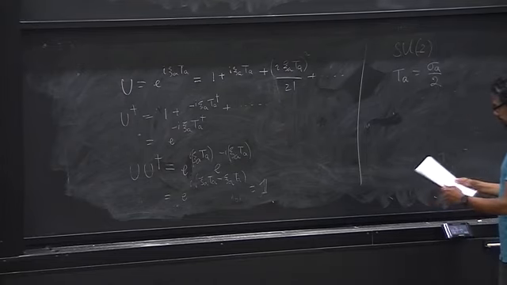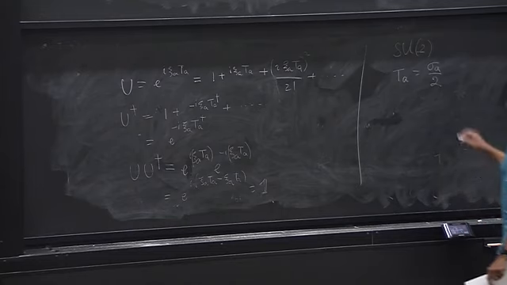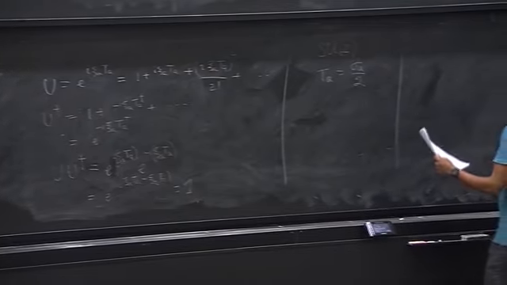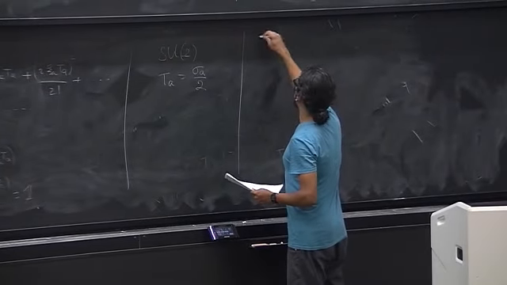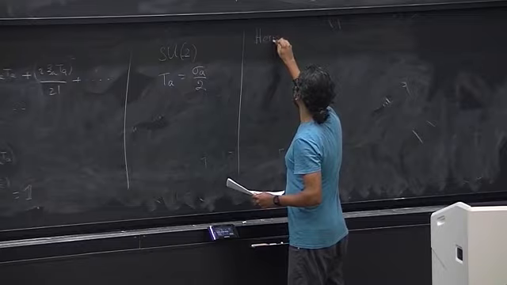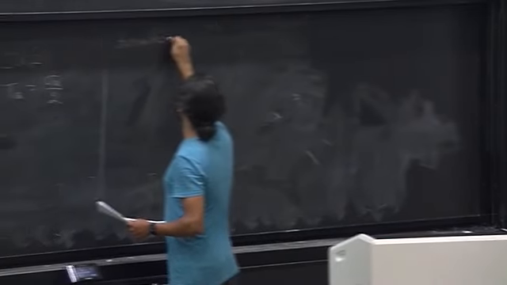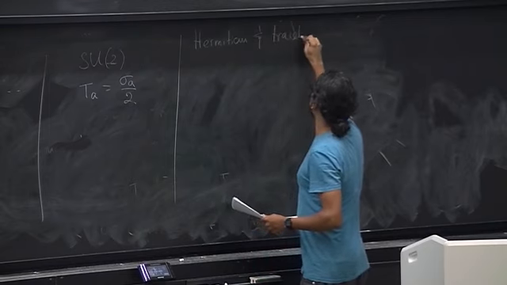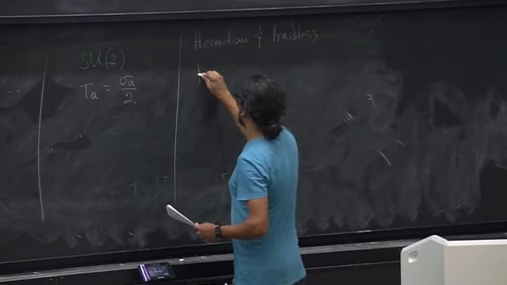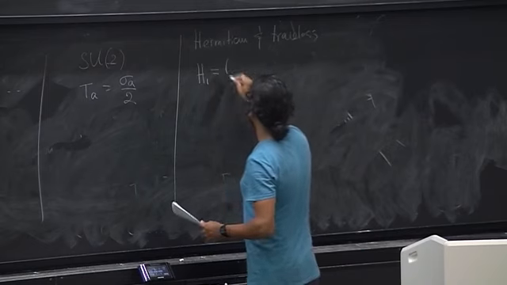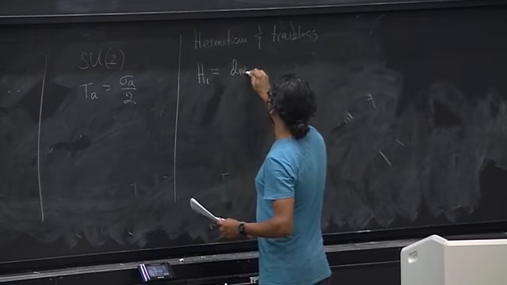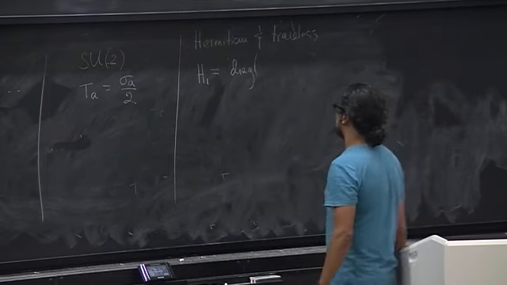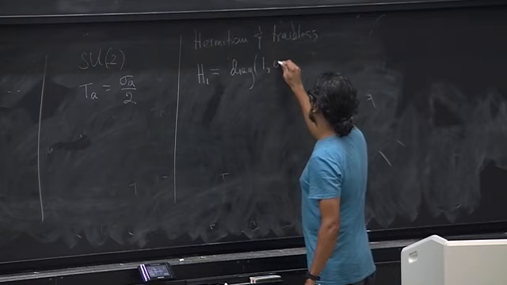So what are the generators? What do they look like? These are n by n matrices, and all the generators have to be Hermitian and traceless. So we can choose n minus 1 linearly independent diagonal matrices of this form.